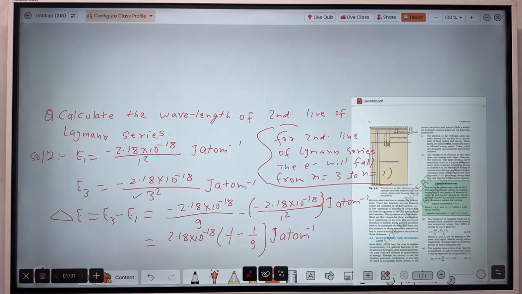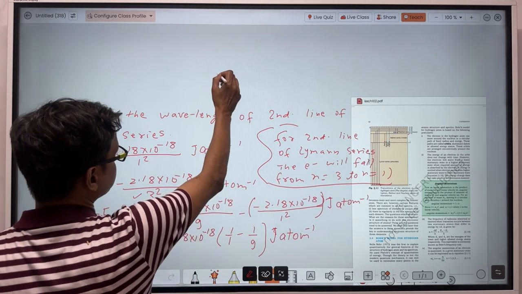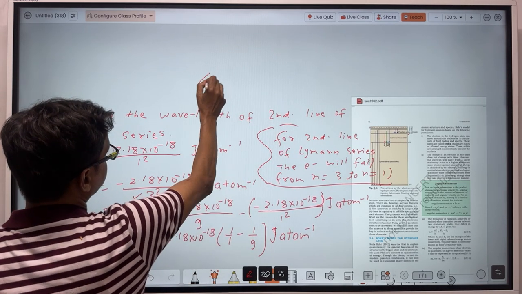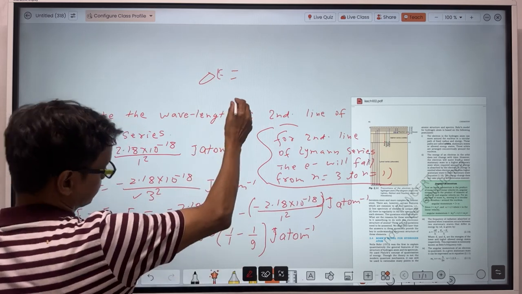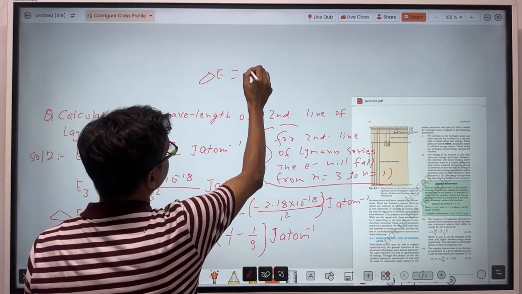I hope it's clear till here. So delta E equals 9 minus 1, 8.